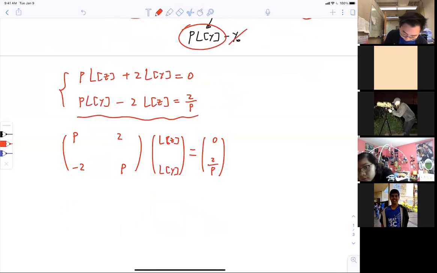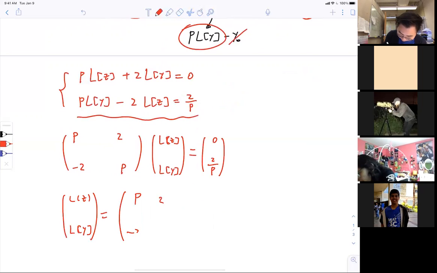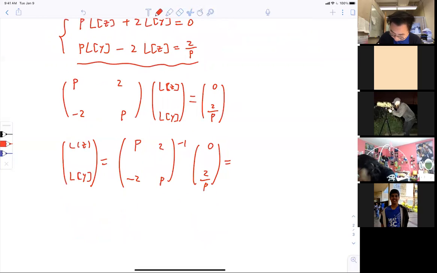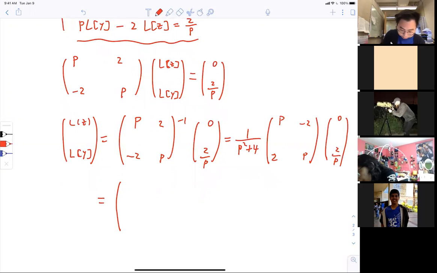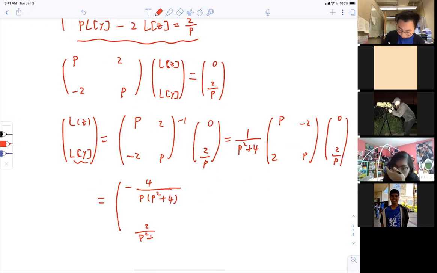And the vector equals the inverse of the matrix times (0, 2/p), which is something like 1 over p squared plus 4 times the matrix p, minus 2, 2, p applied to (0, 2/p). So eventually you get LZ is minus 4 over p times (p squared plus 4), and Ly is 2 over p squared plus 4.